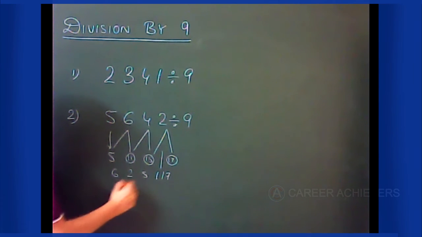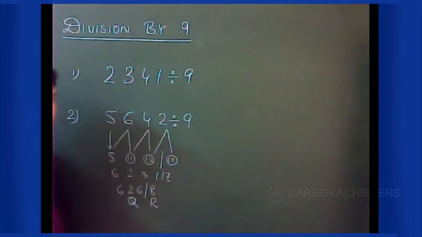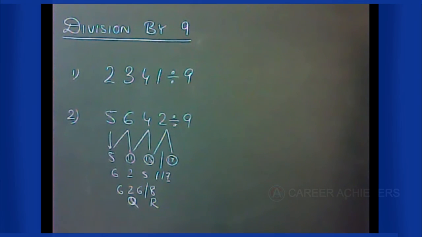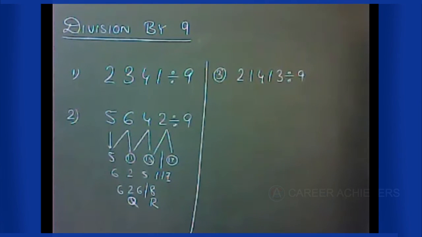Now 1 will come this side, 6 to 6, and this digit will be increased by 1. 6 to 6 is the quotient and 8 is the remainder. Got it, all of you? Yes, sir. Next question for you is 21413 divided by 9.